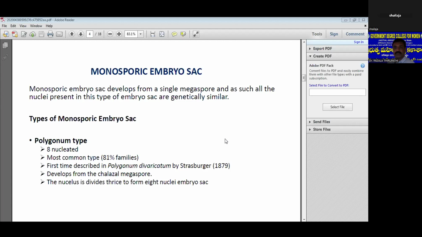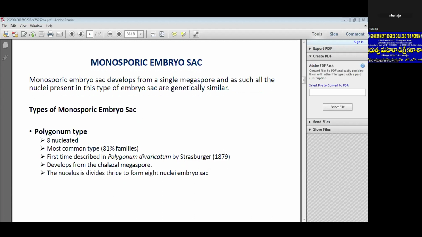This is the first monosporic type, eight-nucleated. This type of embryo sac develops from the chalazal megaspore. It is 8-nucleated, the most common type; 81% of families have this Polygonum type of embryo sac. It was first described in Polygonum divaricatum by Strasburger in the year 1879.